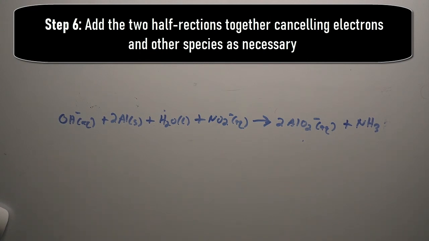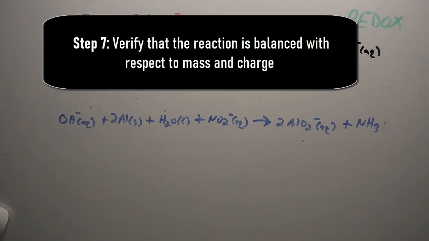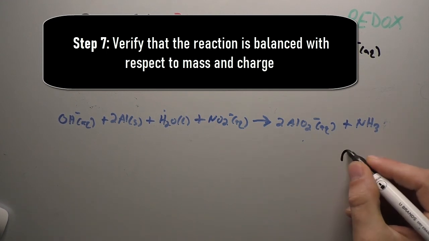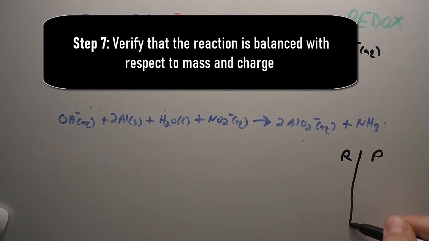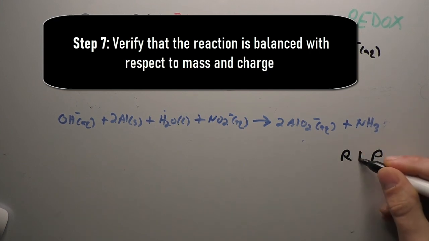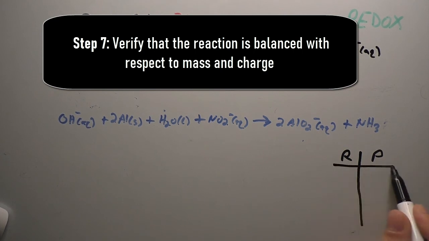That segues us well into step 7, which is to verify that the reaction is balanced. To do this, I like to set up a little table where we have reactants and products, right? Well, that's not a very straight line. Let's try that again. Still not a very straight line, but let's move on.